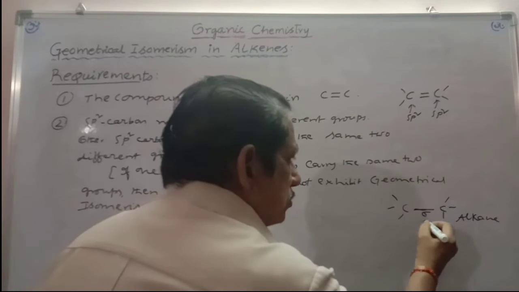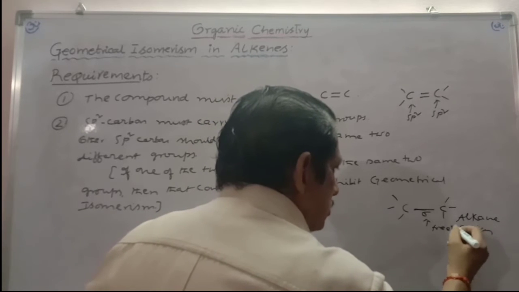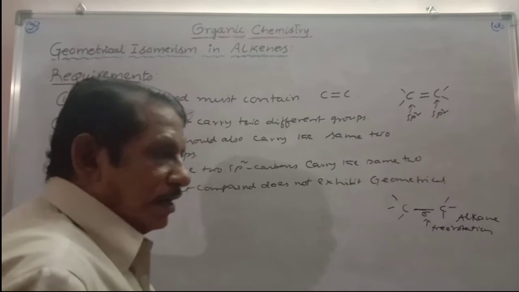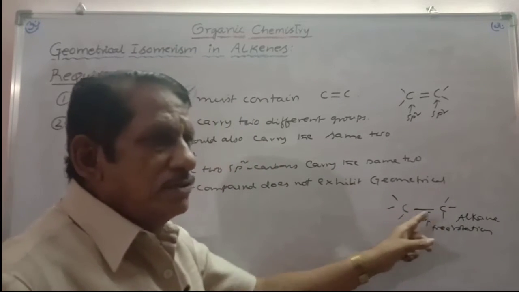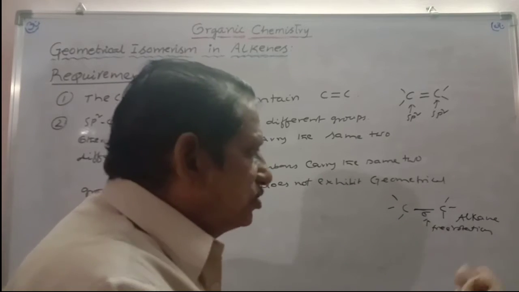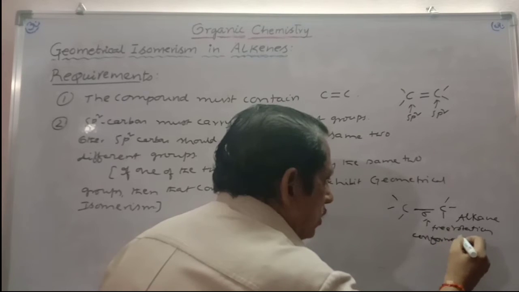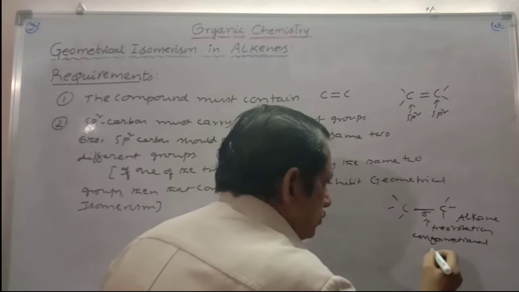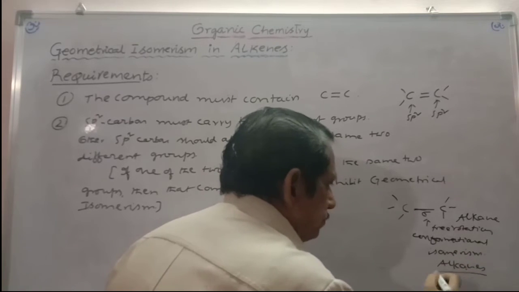Free rotation about the sigma bond axis is possible, and thereby you can see the relative arrangements of the atoms of one group with respect to the atoms of the groups on the other carbon. That leads to conformational isomerism. Conformational isomerism is important in the case of alkanes.